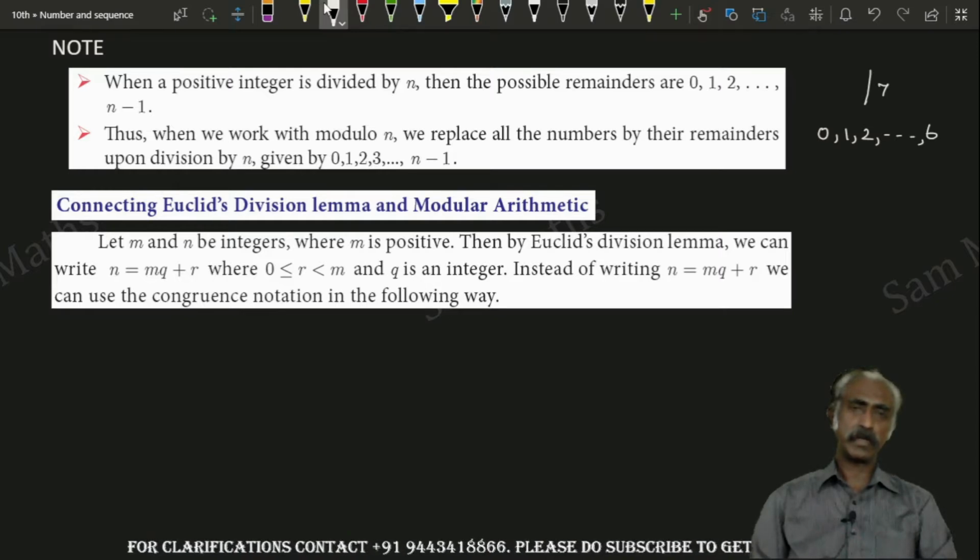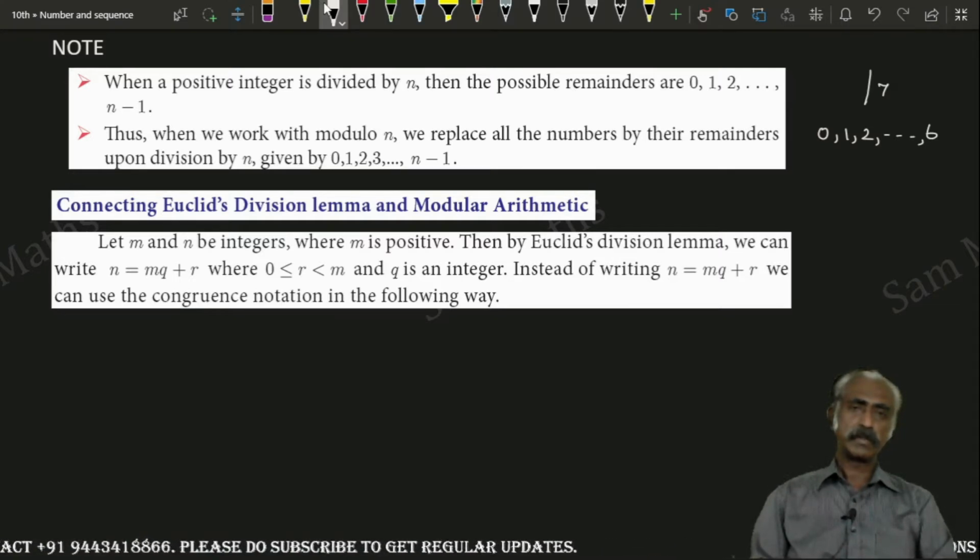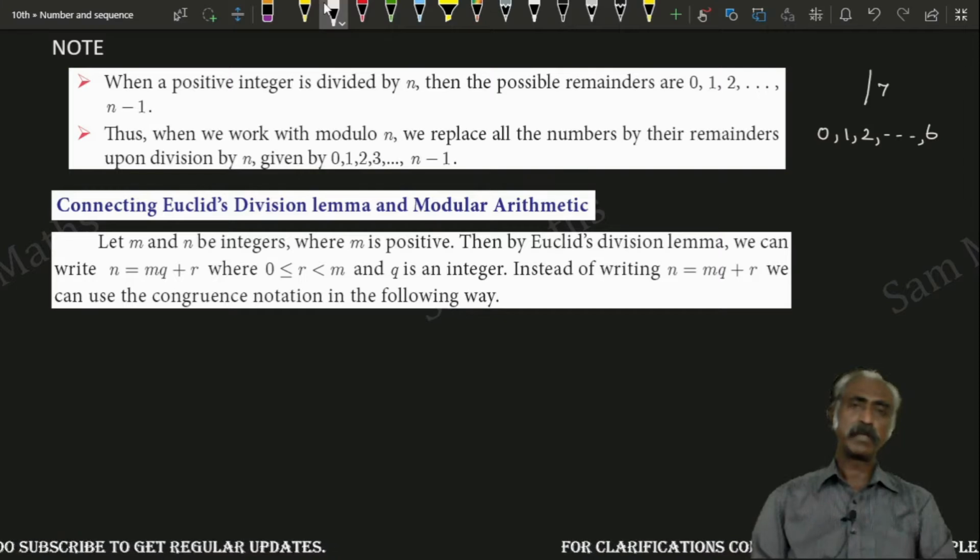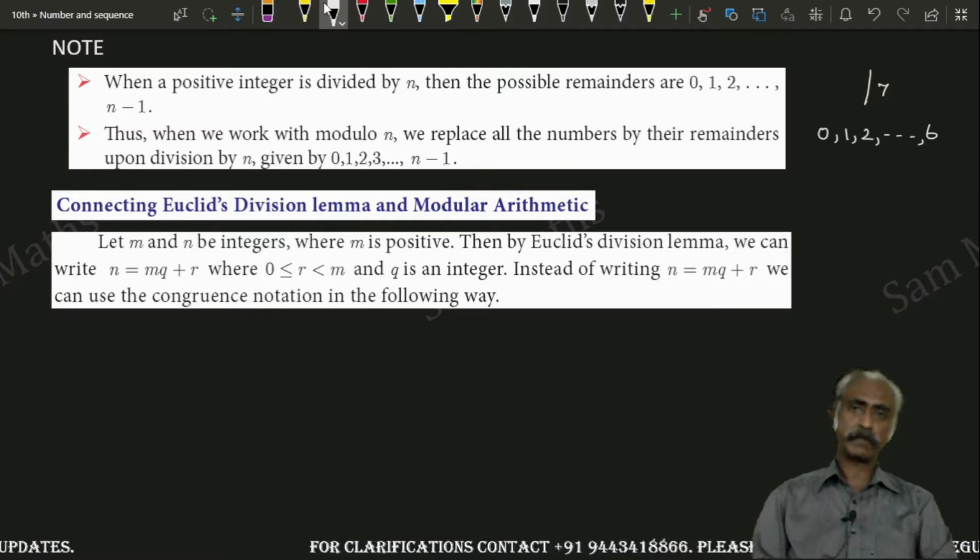Here q is the quotient while dividing n by m. Clear, children? Where 0 is less than or equal to r, and r is less than m. Since we are dividing by m, the remainder must be less than m. And q is an integer.